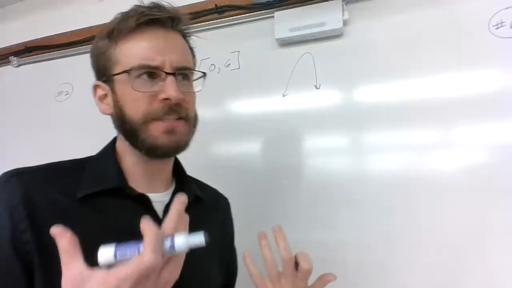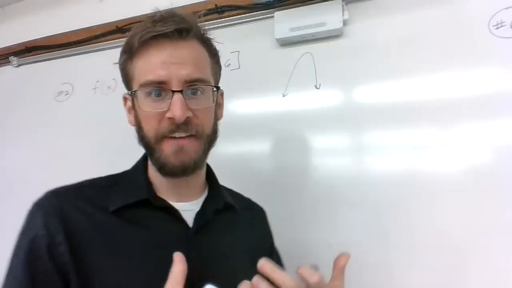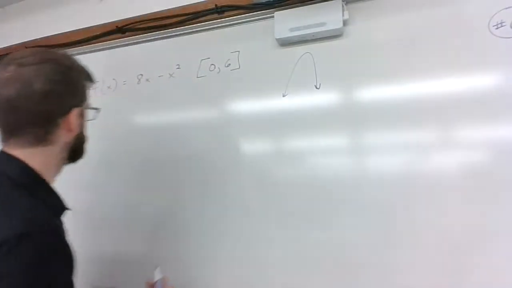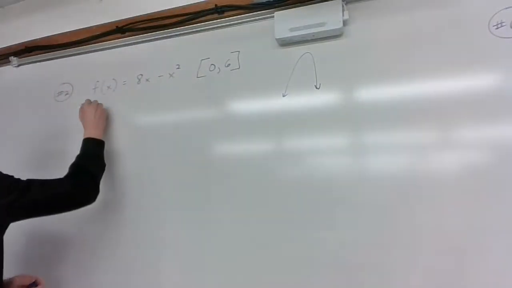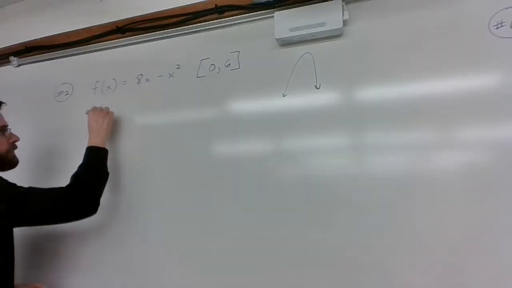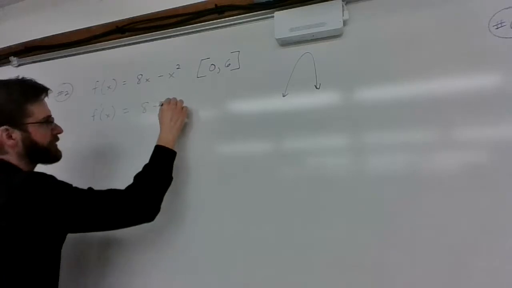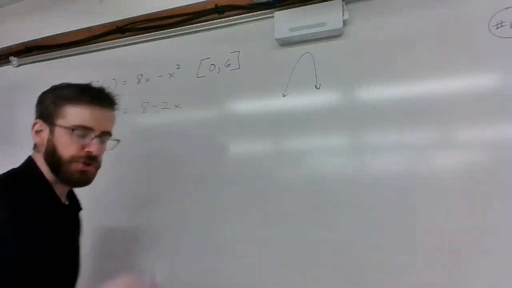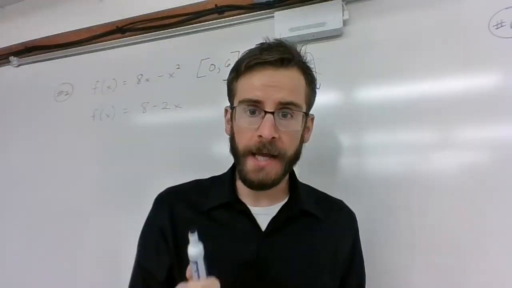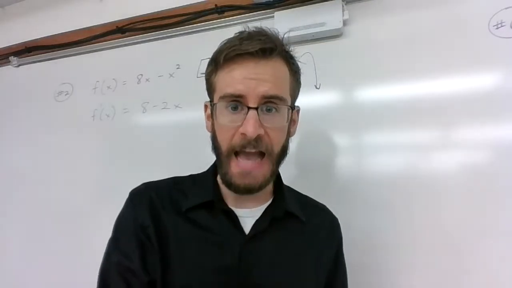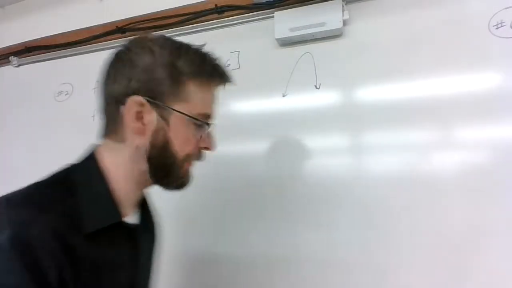But to sidestep this whole graphing and analytical approach, what we can do is use derivatives. We take the derivative, and we get 8 minus 2x. So the critical number should be 1 point to consider for the absolute max or min value.